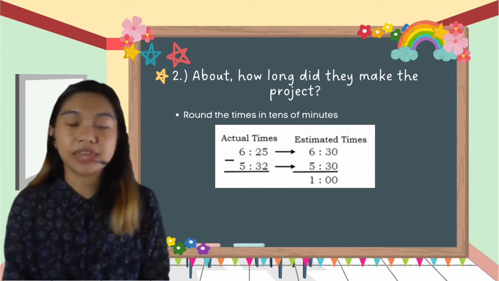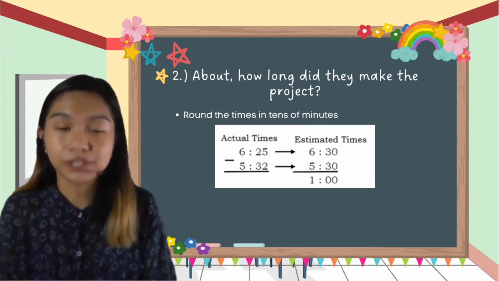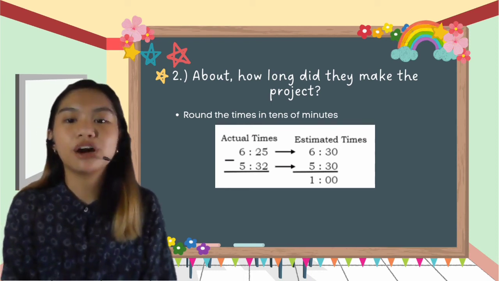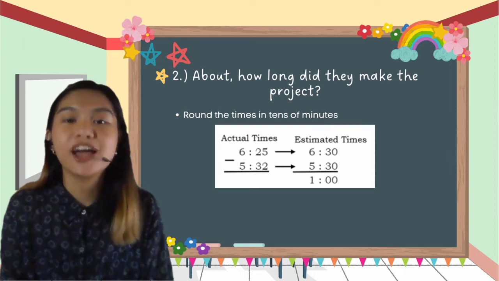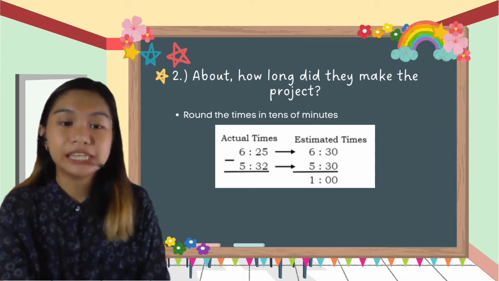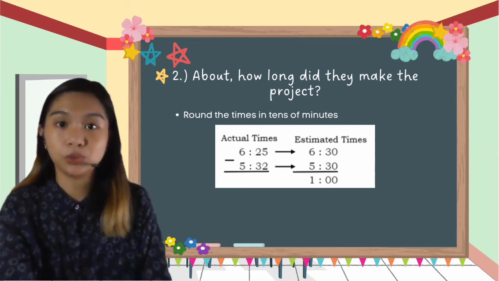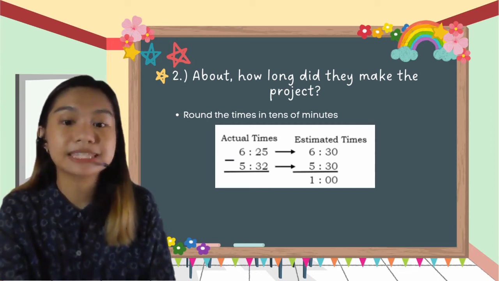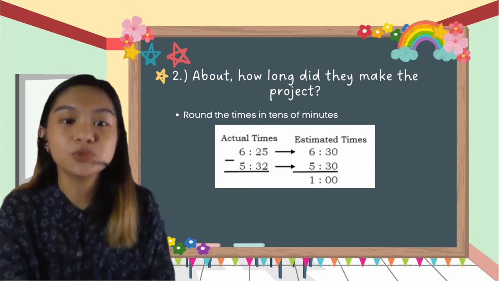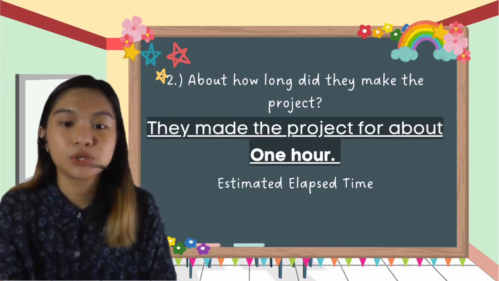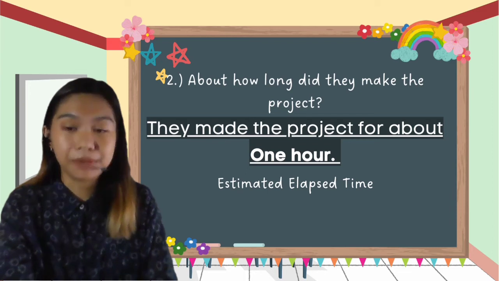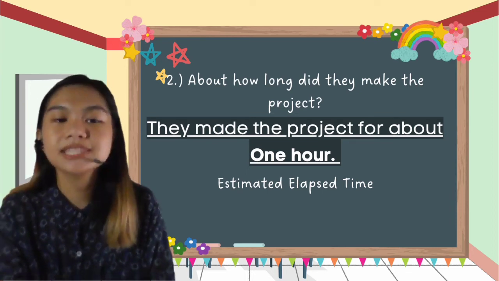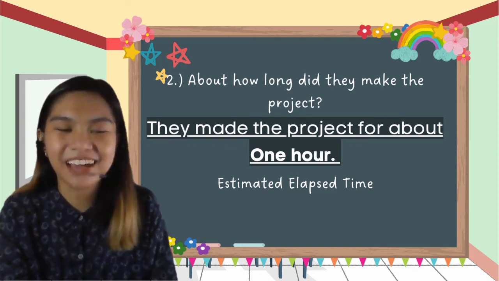Then we have to subtract the rounded time, first the tens of minutes and then the hours. So 30 minus 30 is equal to 0. Very good. And 6 minus 5 is equal to, yes, 1. So they made the project for about 1 hour. This is our estimated elapsed time.